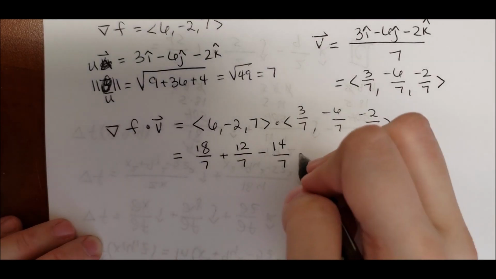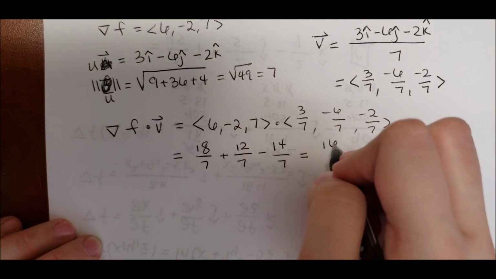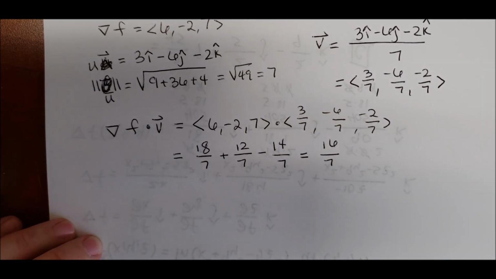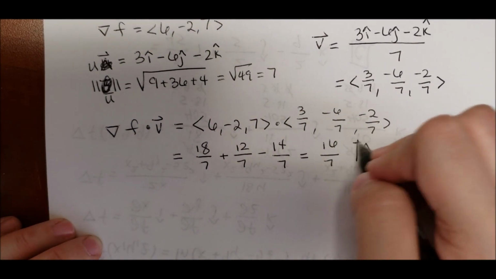That's 30 minus 14, that's 16 over 7, which is A.